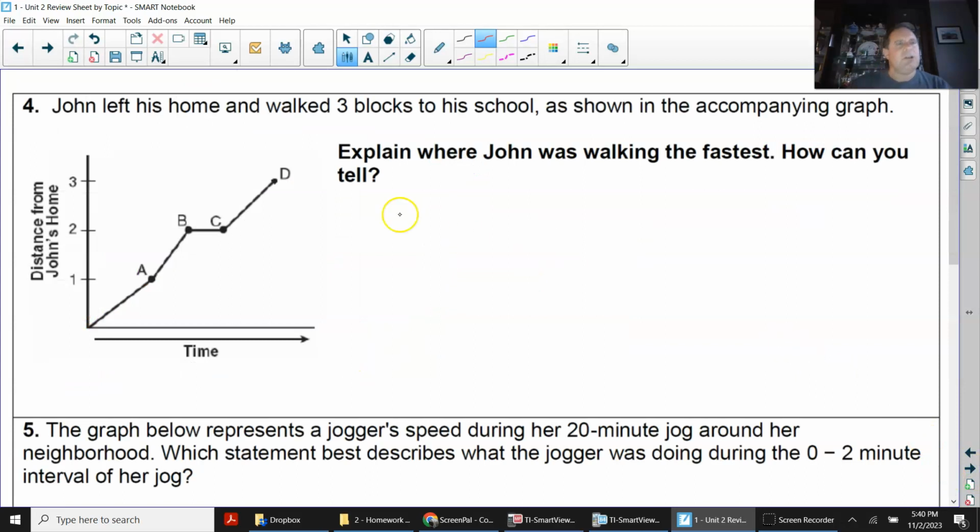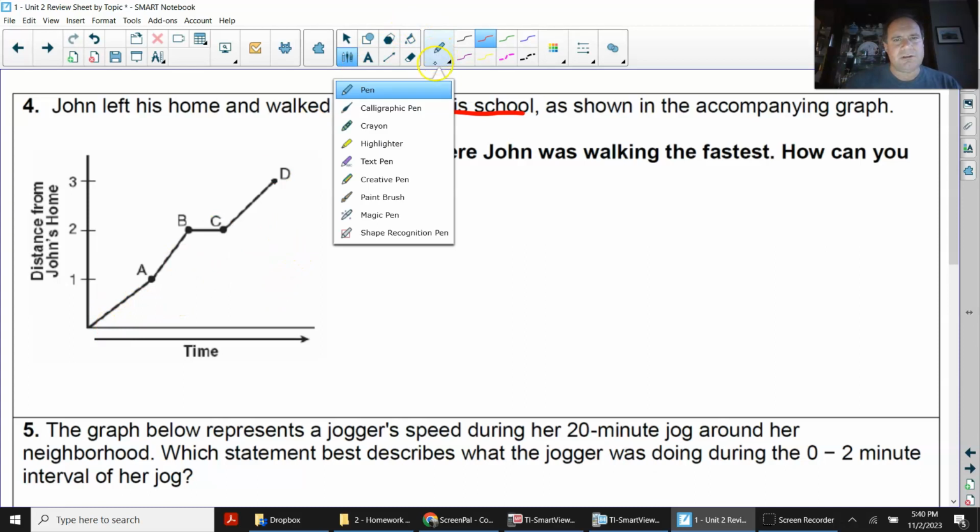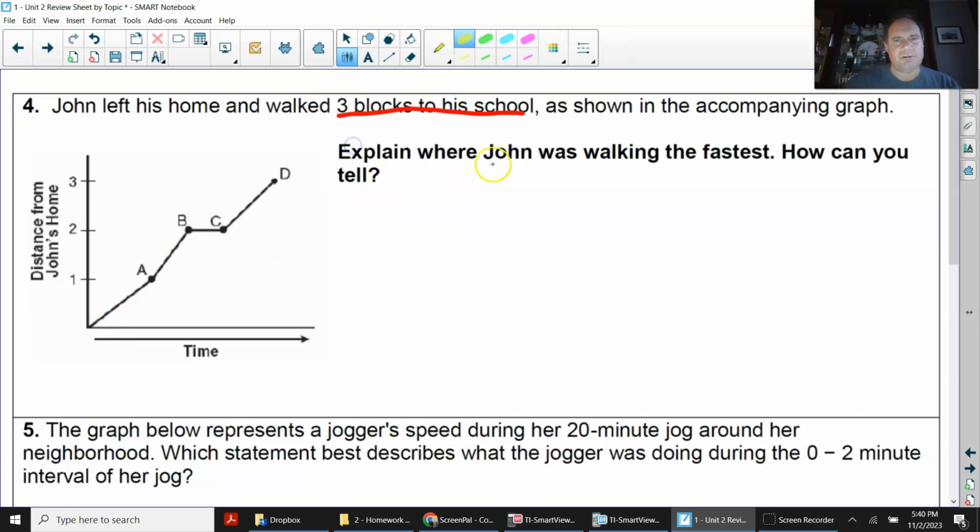And that's it. Number 4, John left his home and walked 3 blocks to school, shown in his accompanying graph. So, explain where John was walking the fastest. How can you tell? So from here to here, John, not so fast.